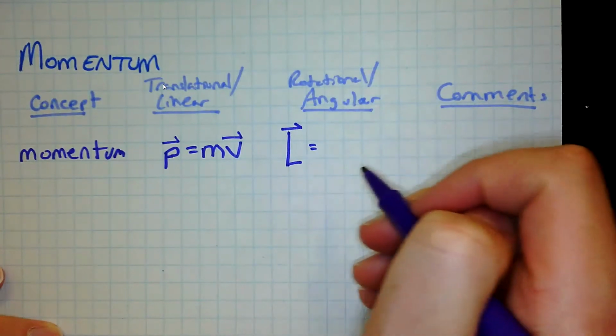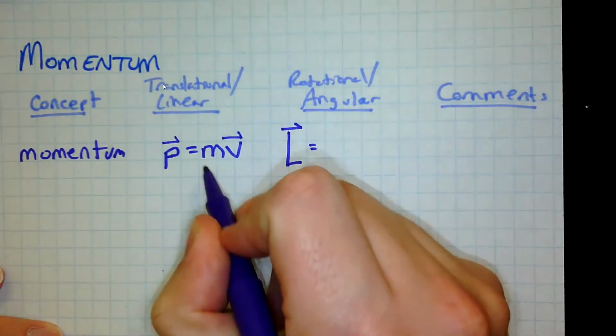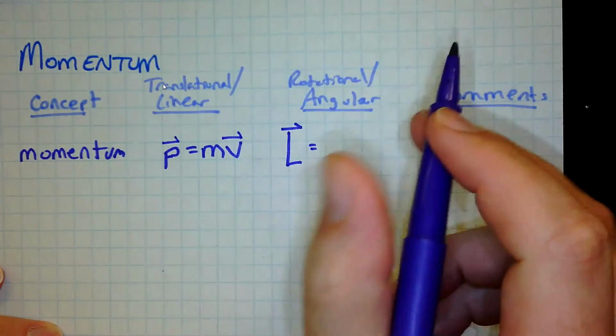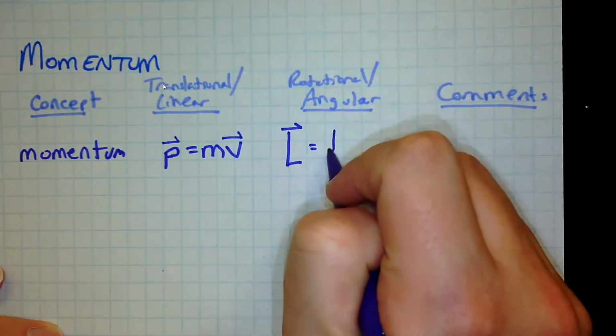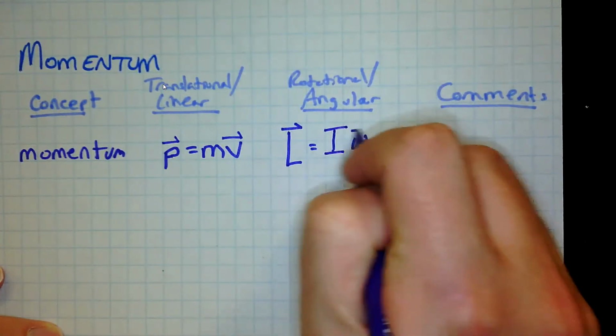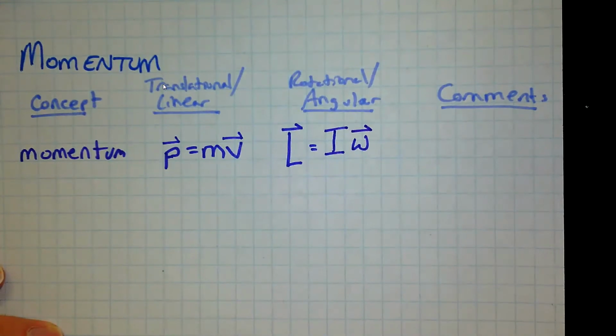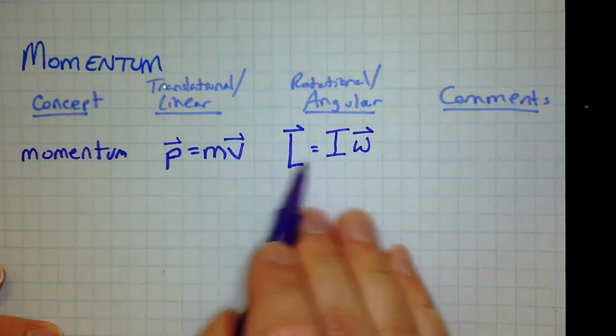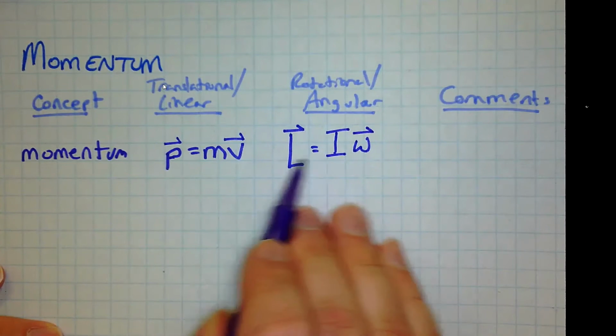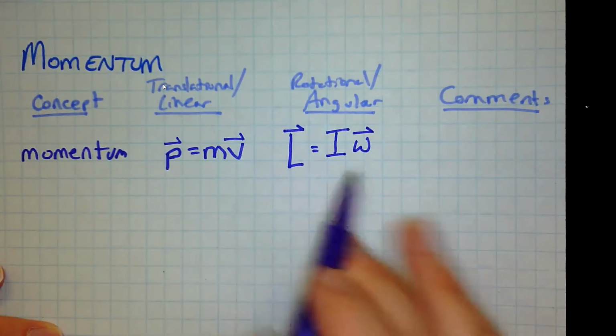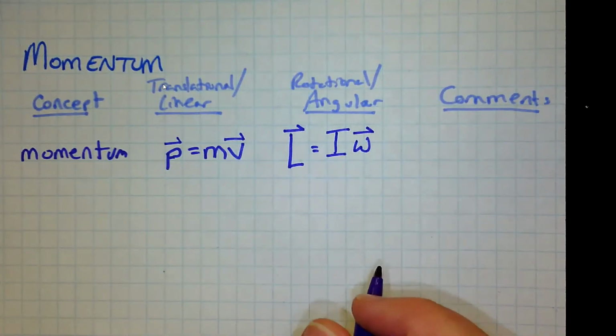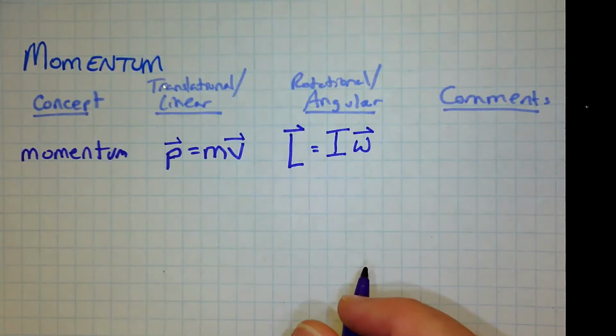Anyone want to guess what the equation is, given what's parallel to this? Go ahead, Malachi. Yep. So parallel to mass is I, parallel to velocity is omega. And it turns out, let me think about this for a second.